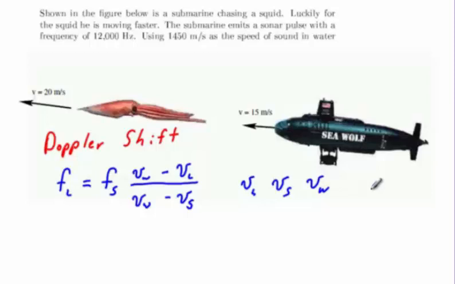So long as you are consistent and select one direction as the plus direction, and examine the motion of the listener, the source, and the wave as compared to this direction, and select either plus or minus for each one of these three velocities, this formula works every time, as is, no absolute value, and no trial and error. So let's begin our analysis of the problem.